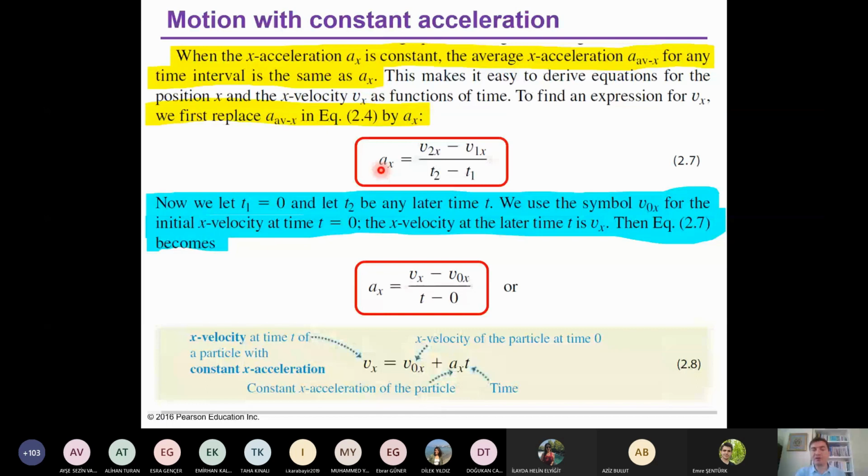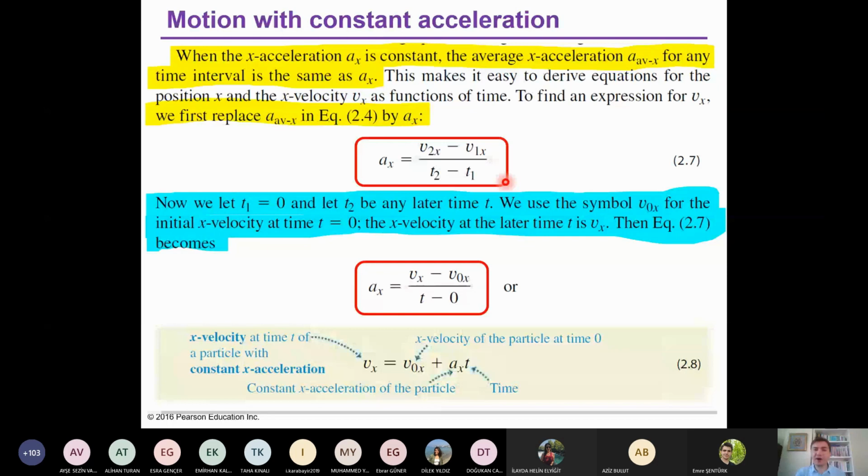So you know from the first lecture of chapter 1, this is given by delta v, final velocity minus initial velocity, over delta t, final time minus initial time. So you know this one. So let's consider that t1 is 0. So you start from when the time is 0, and then t2 is t, okay?